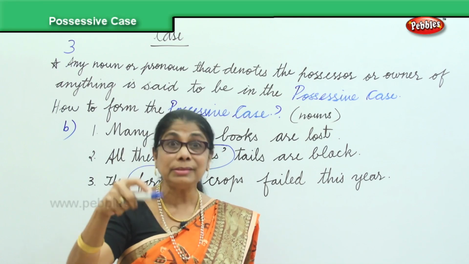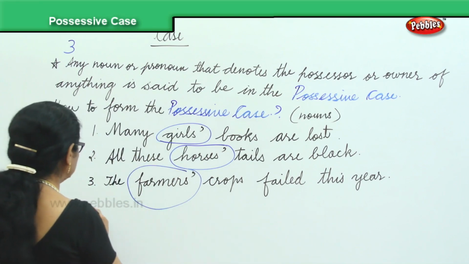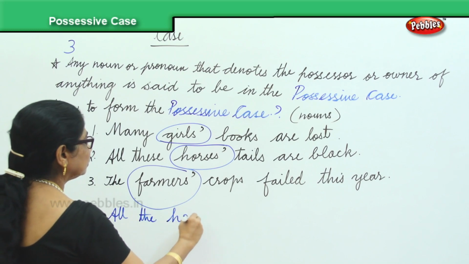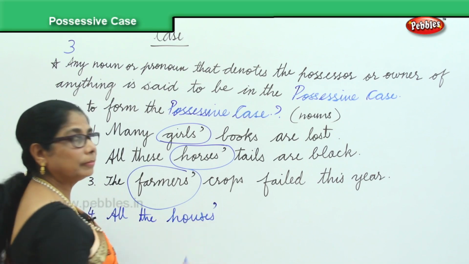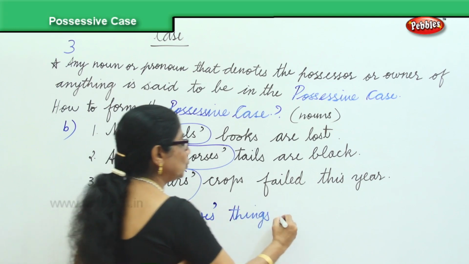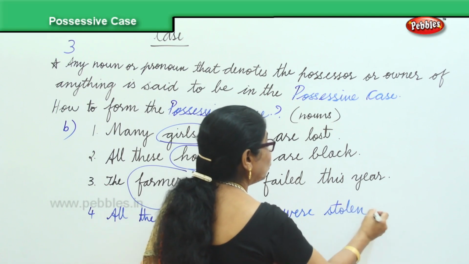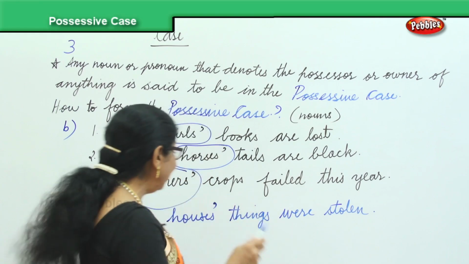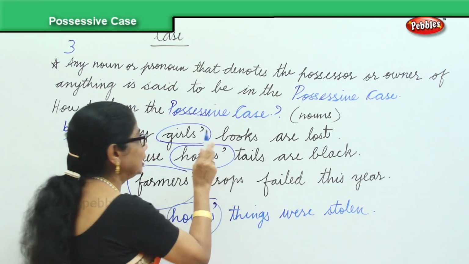All the houses were robbed. All the houses, things were robbed. Things were stolen. We are talking about many, not one, more than one. Then the apostrophe comes outside the word. That's what we are looking at.